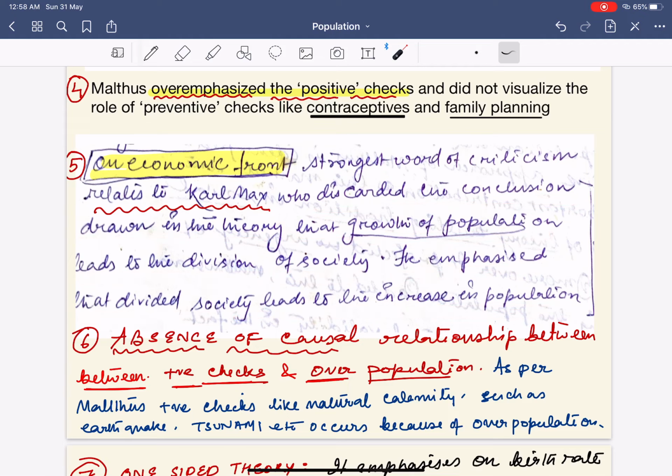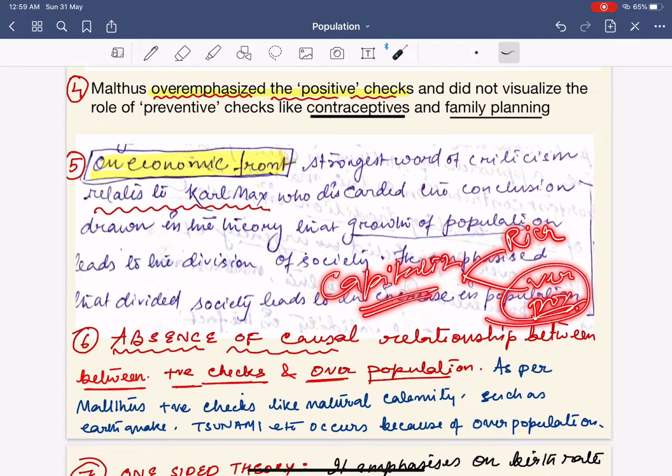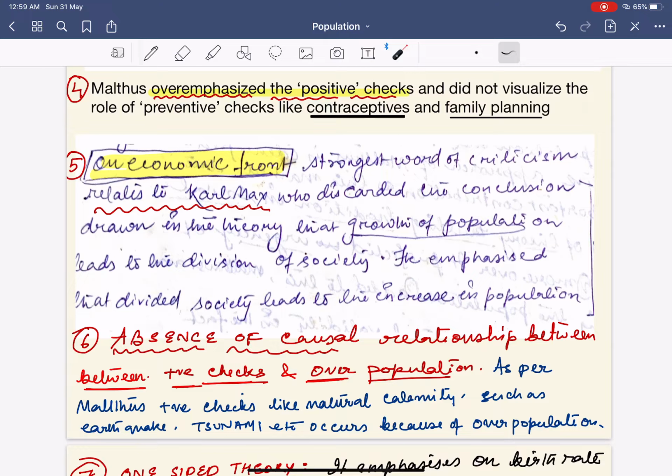Basically, he says that in society there is a high level of inequality. For example, let's take the capitalist economy. In this capitalist economy, you'll find two categories of people: highly rich and very poor. He says that it is the difference between the rich and the poor, that is, the poor do not have all the facilities that the rich have.